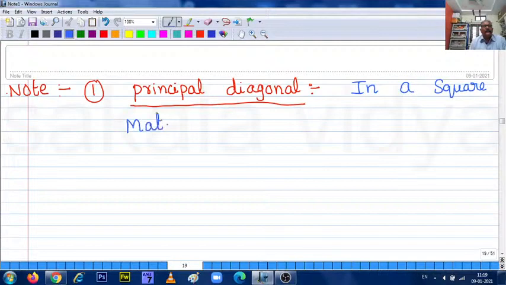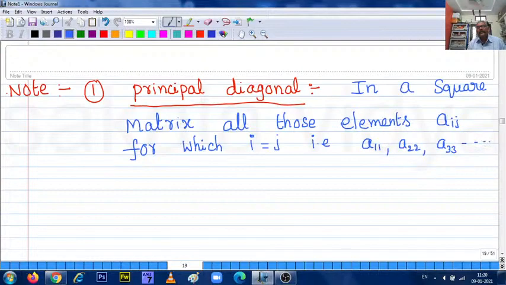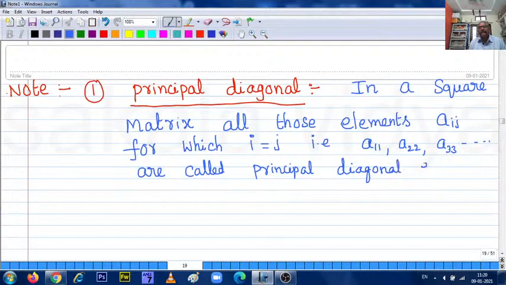In a square matrix, all those elements a_ij for which i is equal to j, that is a11, first row first column, a22, second row second column, a33, and so on, are called principal diagonal elements of a square matrix.